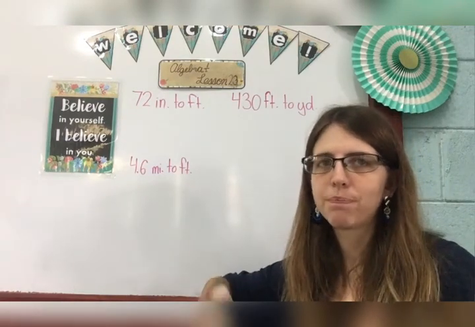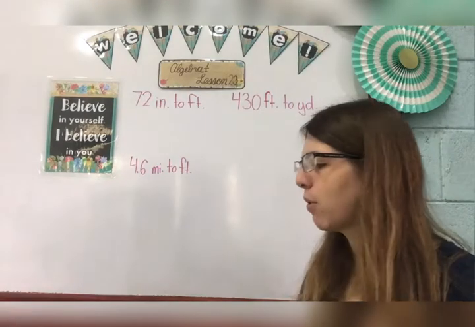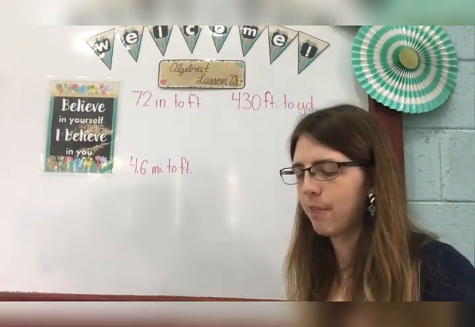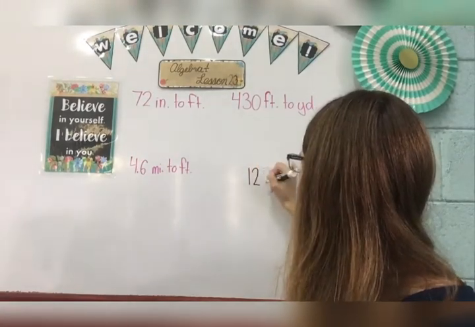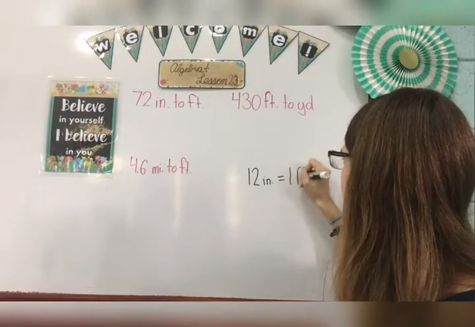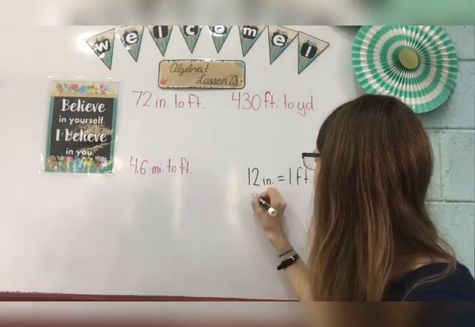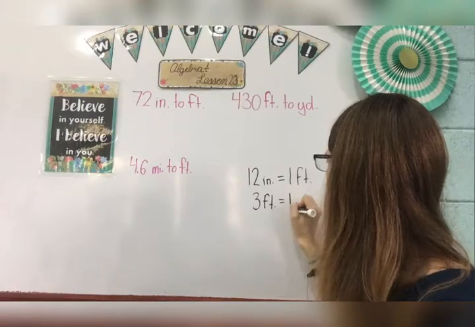Well, first of all, how many inches are in a foot? That's what we have to know. Let's review those facts a little bit. We're going to review three basic conversions that we have. We have 12 inches in 1 foot. We have 3 feet in 1 yard.